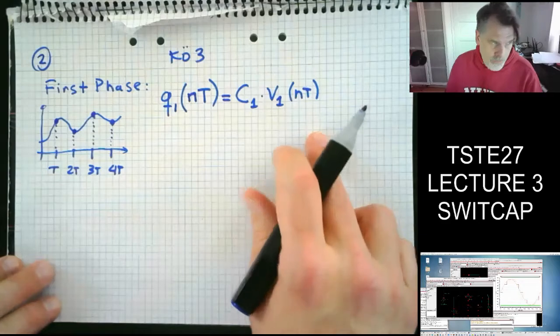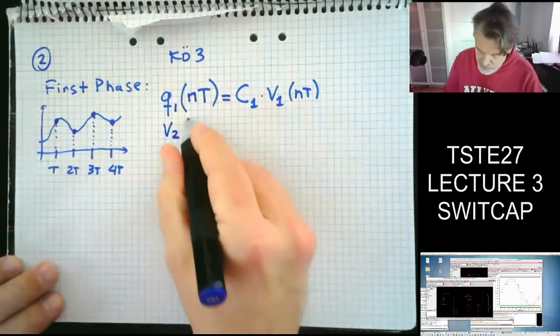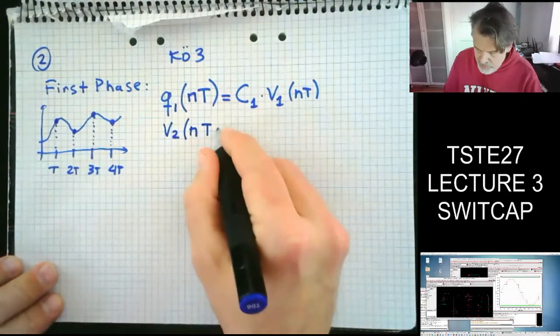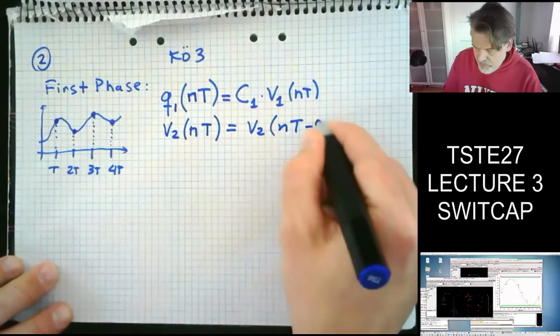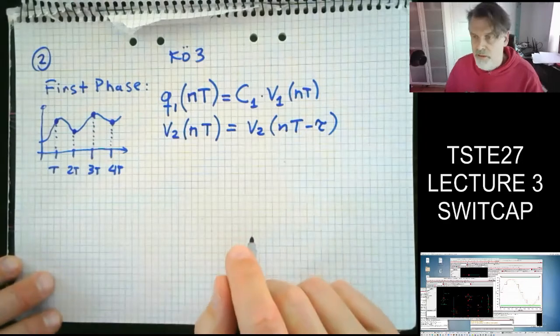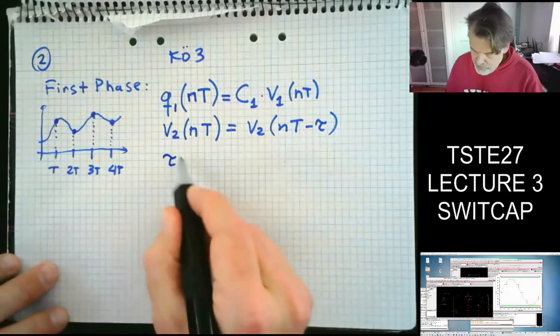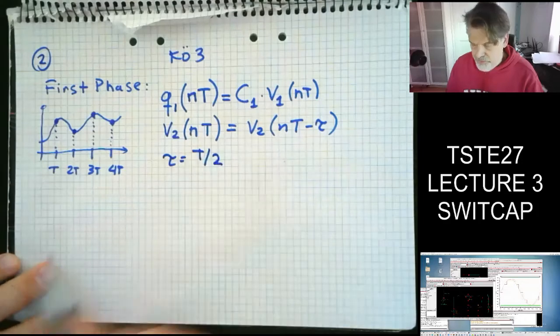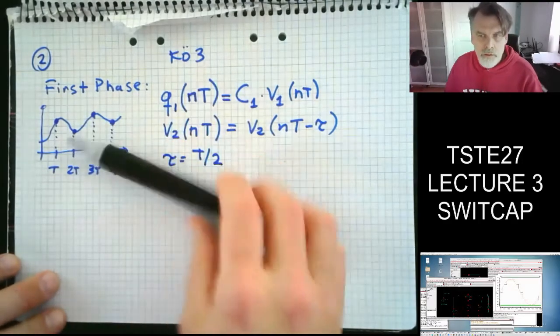And V2, we don't know much about at the moment, the way we have connected it. So for V2, we simply say that it's going to be equal to V2 of NT minus tau. And tau is just a way of minimizing the notation here. So tau is simply going to be equal to T half, the other half phase of the switching.